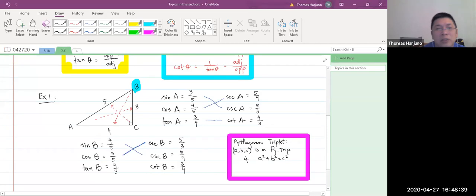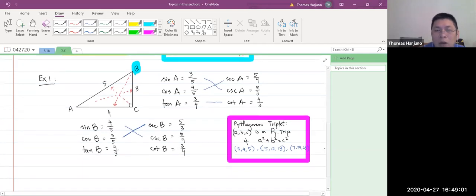Now, some examples of Pythagorean triplets: the one we have seen, 3, 4, 5, is one of them. Another well-known one is 5, 12, 13. Then 7, 24, 25.